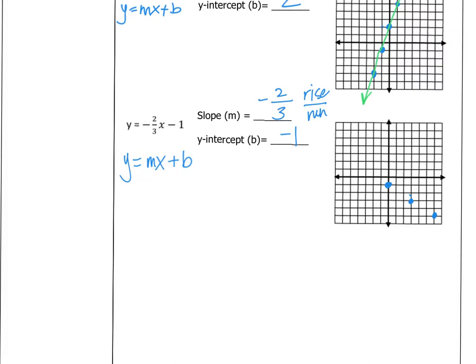So up 2 over to the left 3, up 2 over to the left 3. Okay, so now we have 5 points, which is plenty, and we can go ahead and draw a line through our points. And so there is our equation graphed.